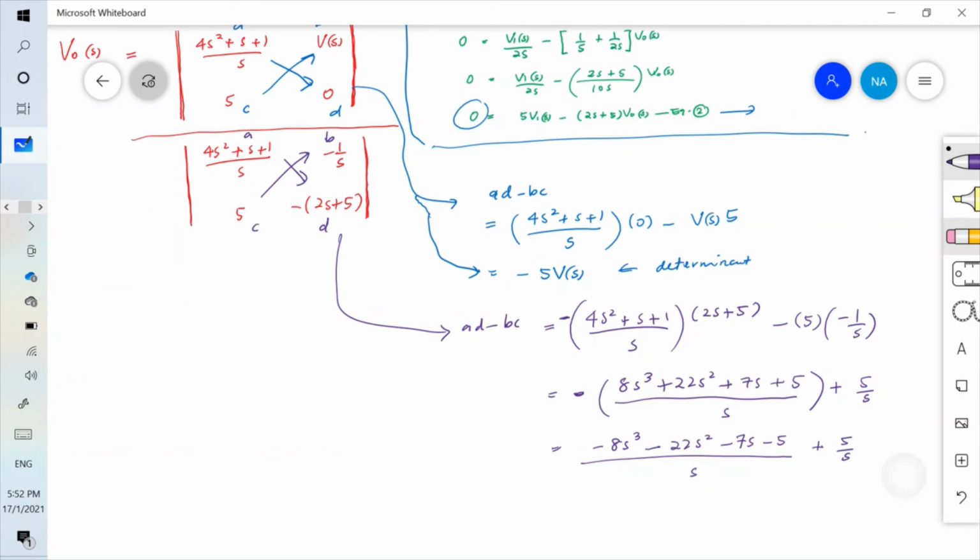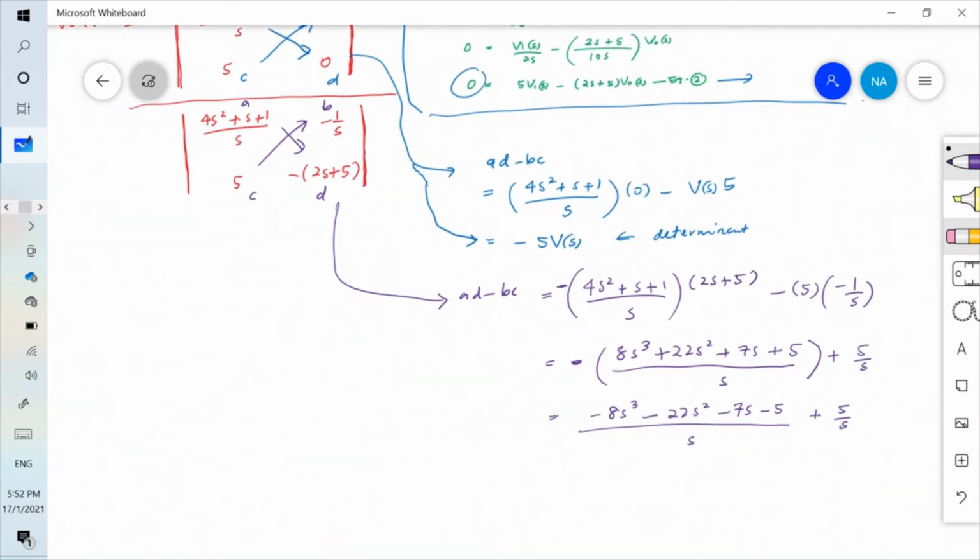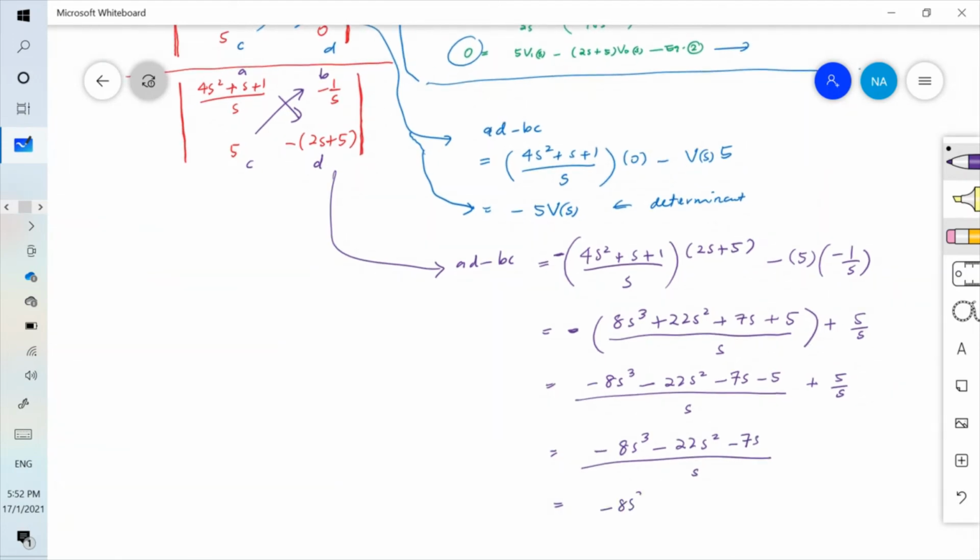The second term is also over s, so you can combine them and end up with negative 8s cubed minus 22s squared minus 7s divided by s, which reduces to negative 8s squared minus 22s minus 7. This is the equation for your bottom determinant.